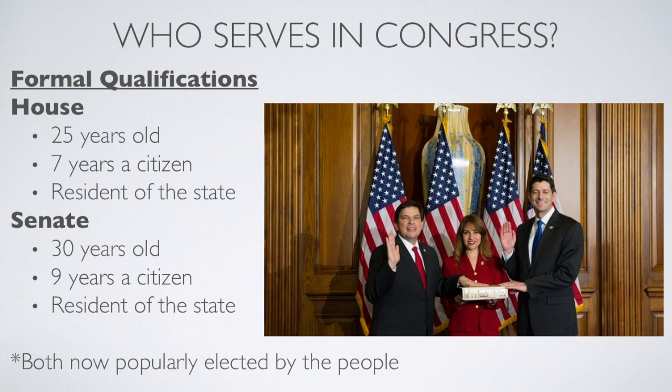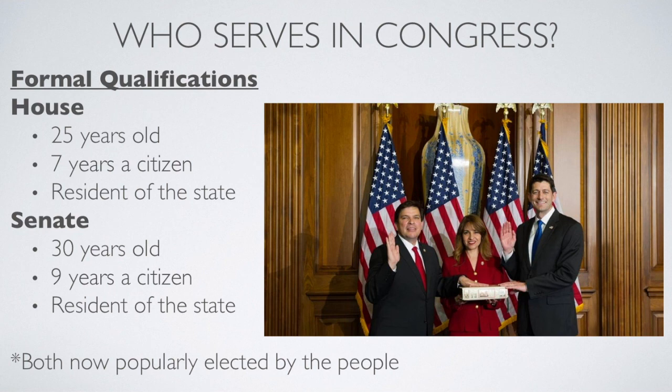Who serves in Congress? Formal qualifications. In the House, you must be 25 years of age, 7 years a citizen and resident of the state. Senate, you must be 30 years old, 9 years a citizen of the United States, and you must actually live or have an address within that state.